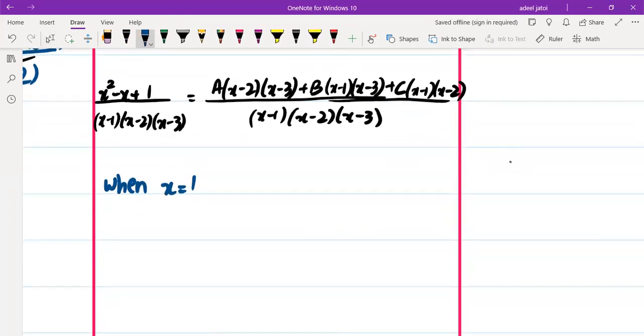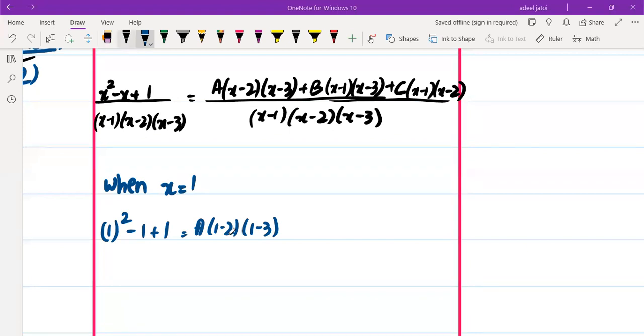We substitute: 1 square minus 1 plus 1 is already there. So we can always use a as 1 minus 2 and 1 minus 3. But if we substitute 1 in any other bracket, 1 minus 1 will be 0, so b is cancelled. If we substitute 1, 1 minus 1 is 0, so c is cancelled. So you are left with only a.